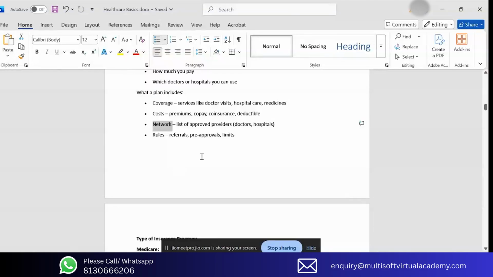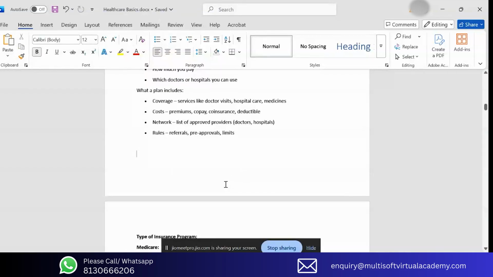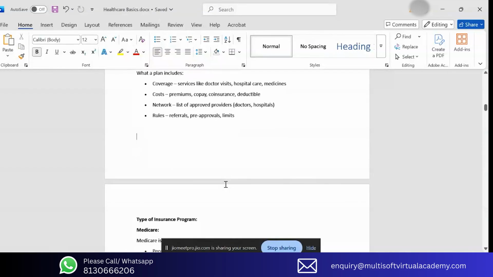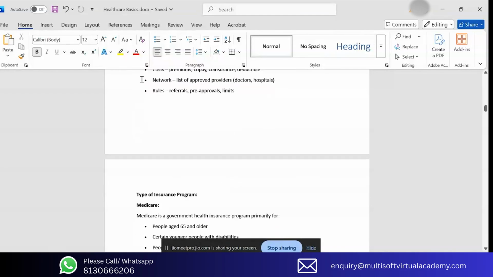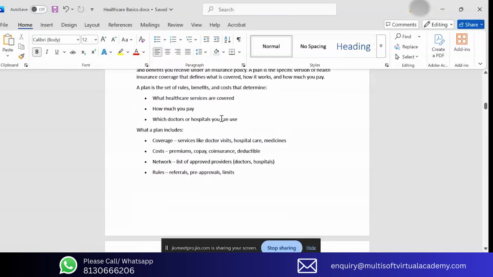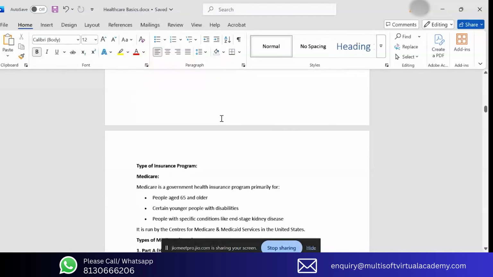That is the reason whenever you're choosing a plan, you should be very cautious of how you're going to get the treatment and what illnesses you're going to get treated. So that comes into the picture here. Then rules: what are the referrals, what are pre-approvals, how many limits, all those things come into the picture when you say a plan.